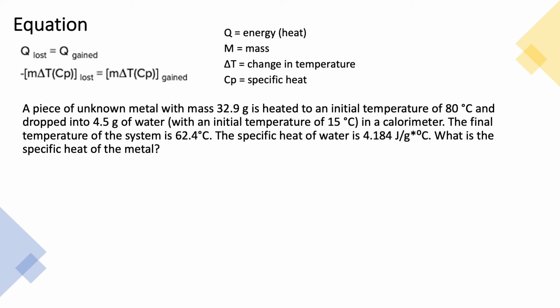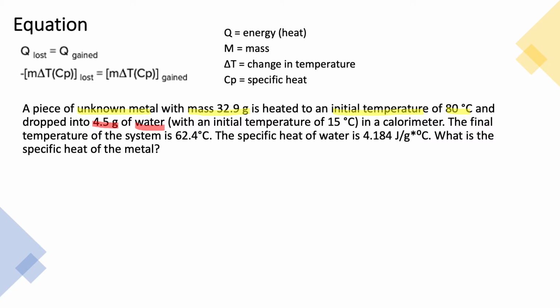So reading through, a piece of unknown metal with a mass of 32.9 grams is heated to an initial temperature of 80 degrees Celsius and dropped into 4.5 grams of water. So we can see that we have a different compound here. Again, I'm going to go ahead and switch up my color. So 4.5 grams of water.